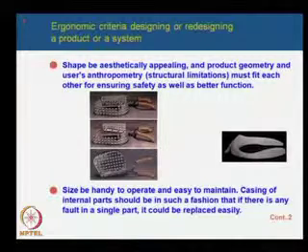Under this, number 1, the shape of a product should be aesthetically appealing, and product geometry and users' anthropometry and structural limitations must fit each other for ensuring safety as well as better function, and size should be handy to operate and easy to maintain. Casing of internal parts should be such that if there is any fault in a single part, it can be replaced easily.